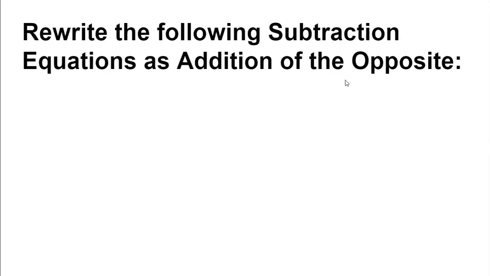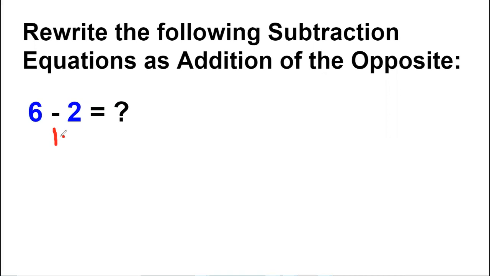Rewrite the following subtraction equations as addition of the opposite. So let's start with the first one. 6 minus 2 equals, and I know you probably know it's 4. However, our goal is to rewrite the equation as an addition equation. So I'm going to be changing my minus sign to a plus sign.